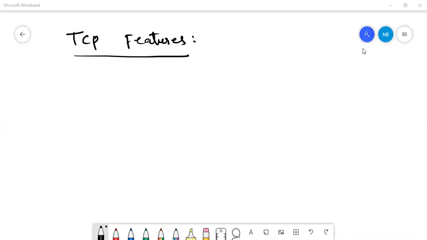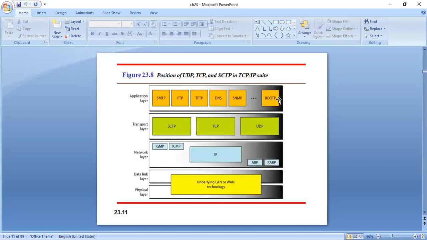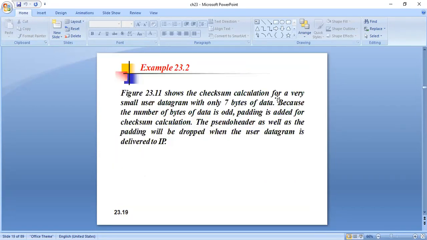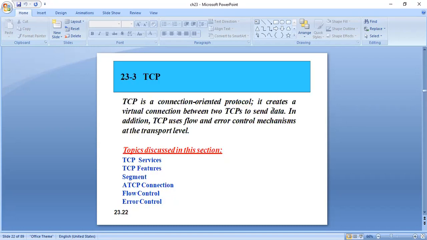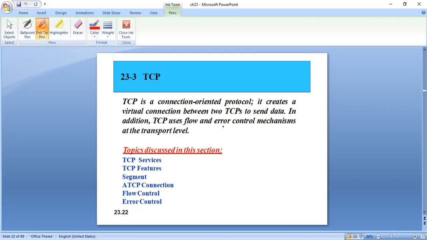PPT. 1 second. Where is it? Yeah. So we are discussing this one. So we discussed this. Oh, yeah. So now we are discussing TCP. Okay.